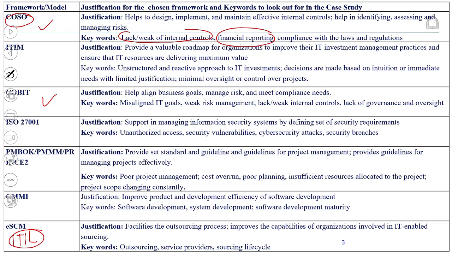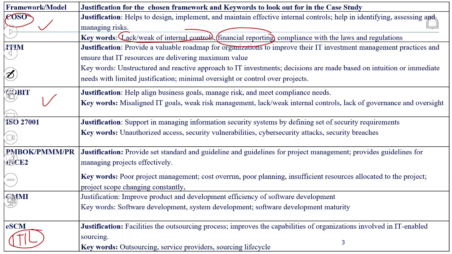And if you're asked to justify your choice, most often it helps in designing, implementing, and maintaining effective internal controls. COSO has processes that can help you implement your internal controls. I'm not going to go through those processes because we don't have that much time, but that is one way you could look at it.